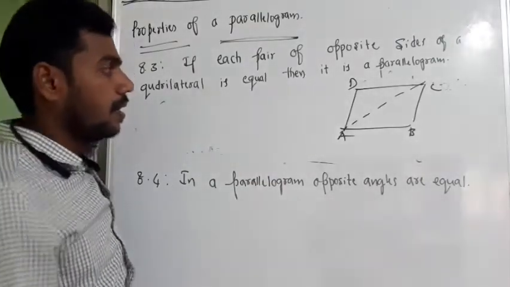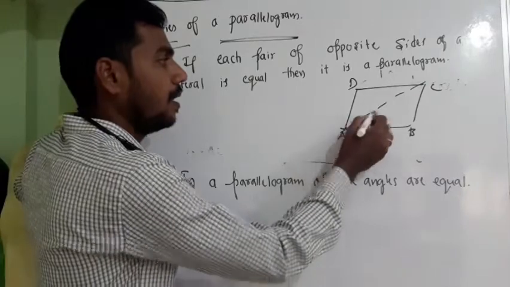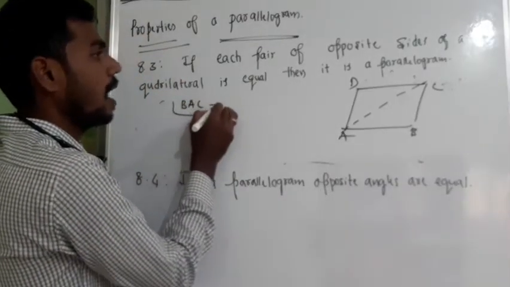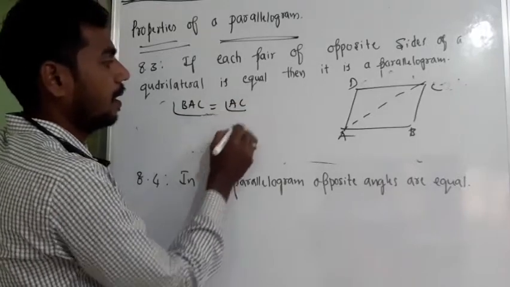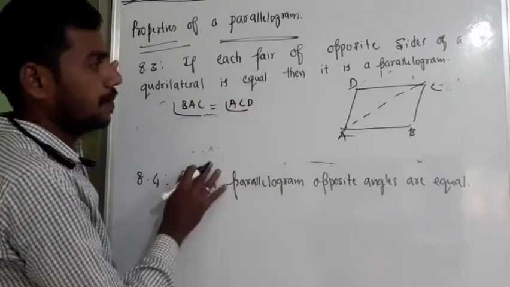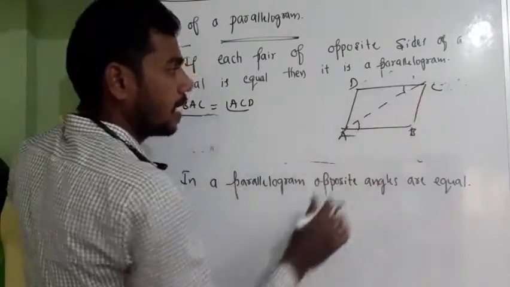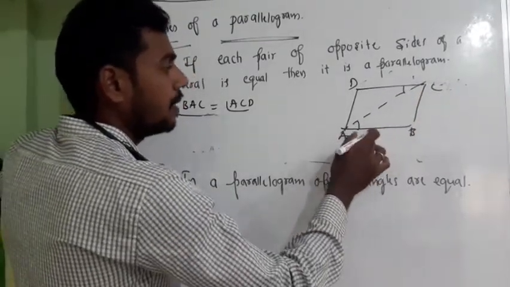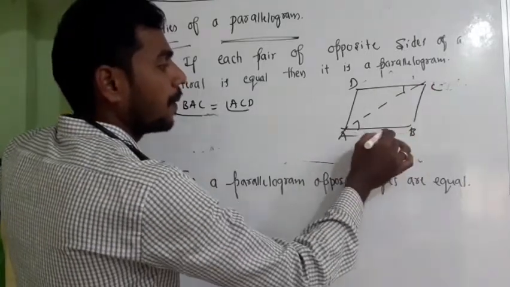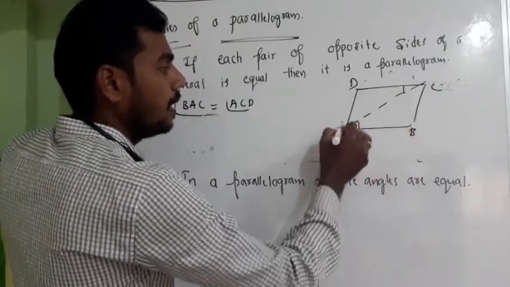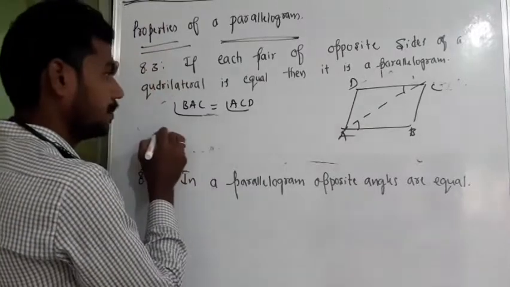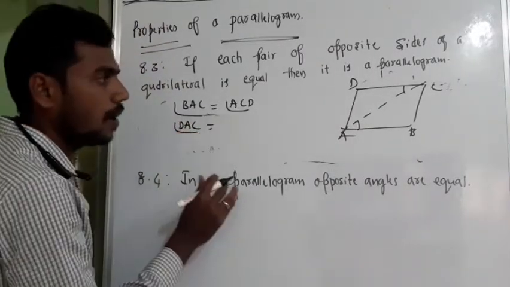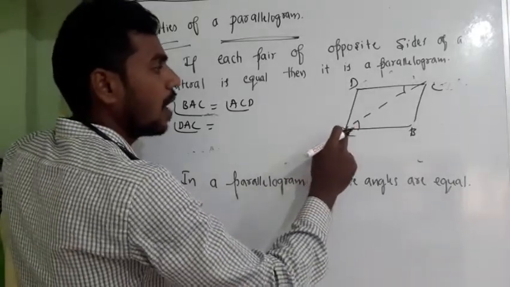See, we know that angle BAC is equal to angle ACD, and this angle is equal to this angle, and one more thing, what I can write, angle DAC is equal to angle ACB.